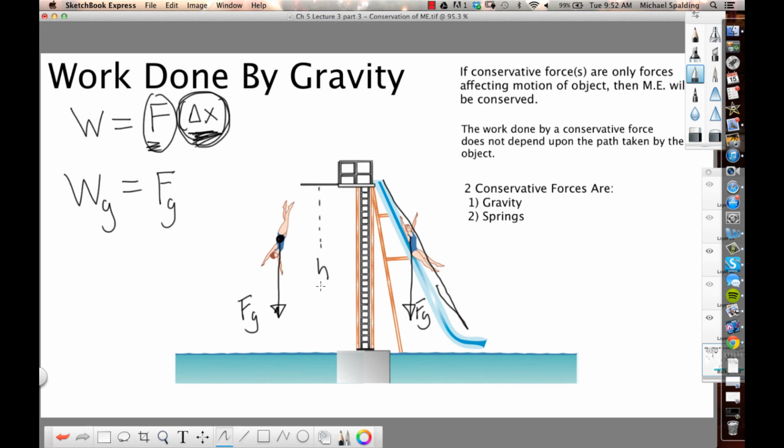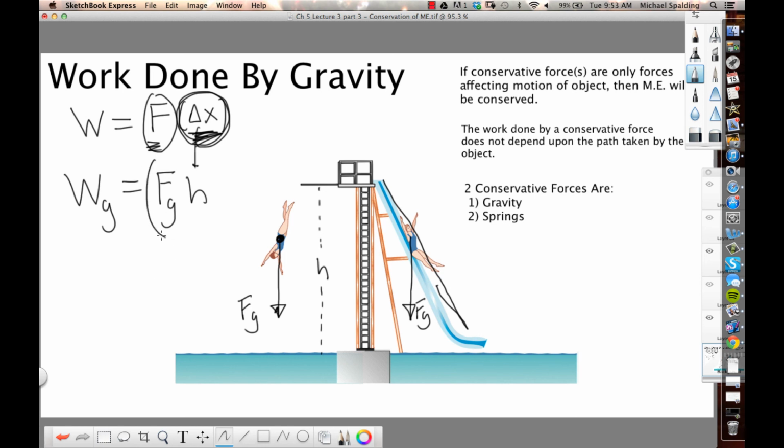Look, the height is parallel to the force of gravity. Ready? In about 60 seconds, you're going to be like, whoa, physics really connects together. Not yet, though. So what is this delta x going to be? h, because it's parallel to the force of gravity.